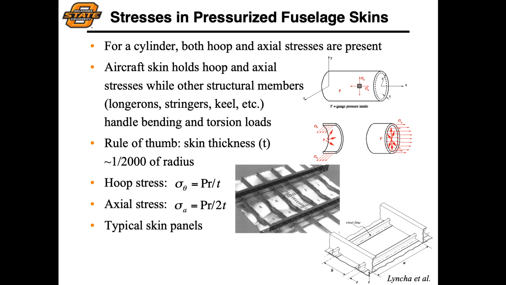Now, as a rule of thumb, the skin thickness is typically 1/2000th of the overall radius of your pressure vessel, which ends up in most aircraft skins being on the order of a millimeter or so.